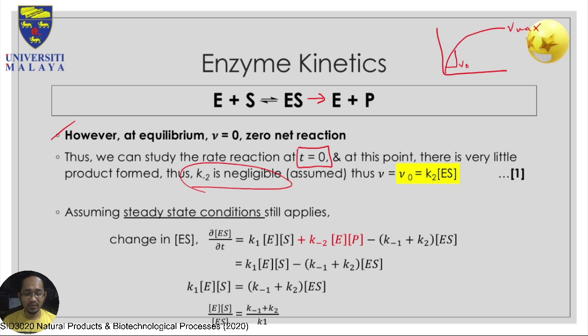So t equals 0 means that you are trying to calculate the initial rate of reaction, where it doesn't reach the Vmax at all. You are trying to calculate the highest slope possible. At this point there is very little product formed, and that's the assumption that you are going to make. Therefore K minus 2 is negligible.